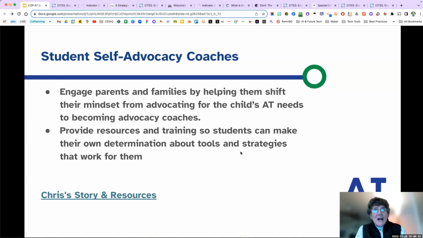When students say, hey, I want to go to tech school, we can say, great, let's look at what the barriers might be. Let's look at all your strengths. Then we can find the right technology and say, use this and this, you can do those things. So it's all about knowing your student and knowing your family.